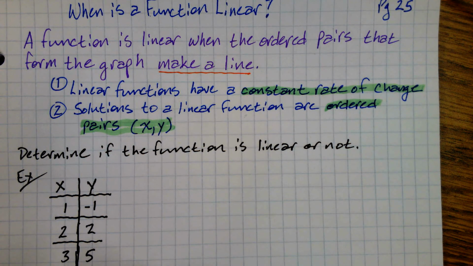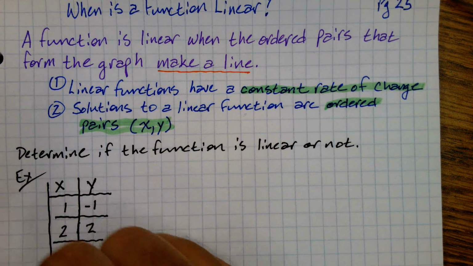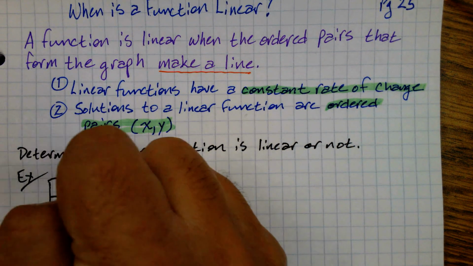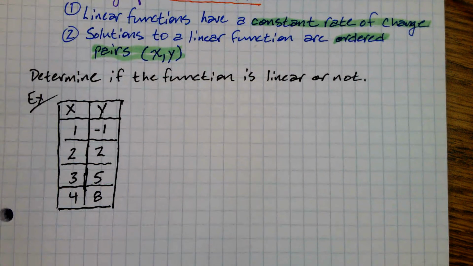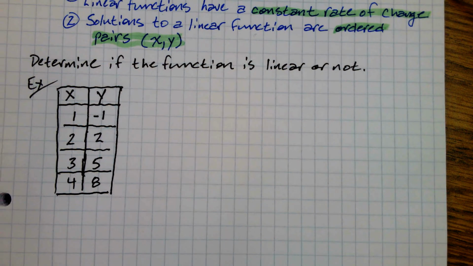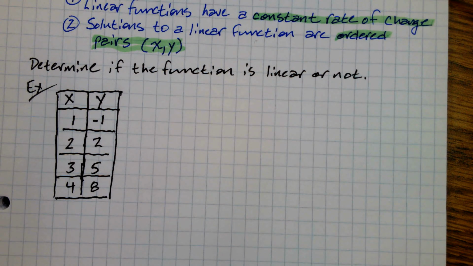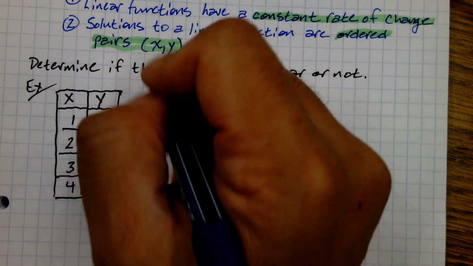And 4 and 8. Okay. So go ahead and write those down. And the thing is, we need to know if these sets of values have a constant rate of change.